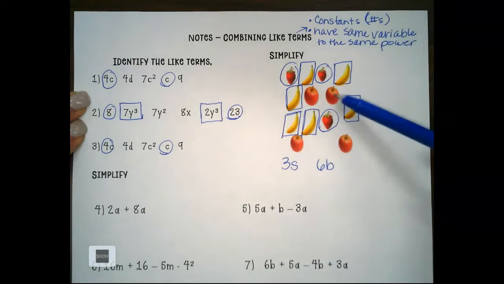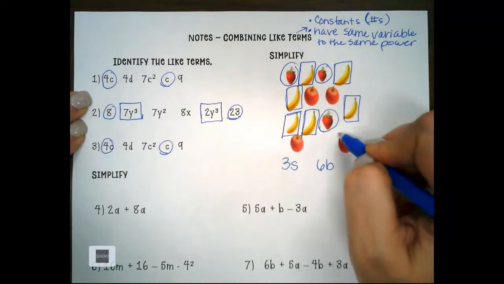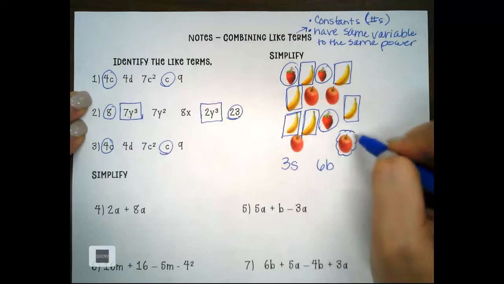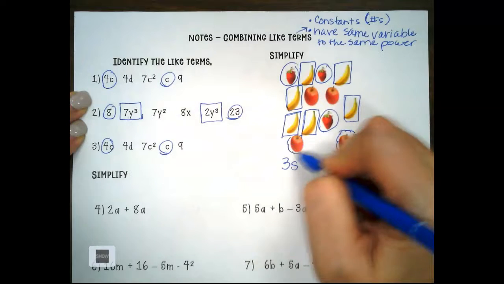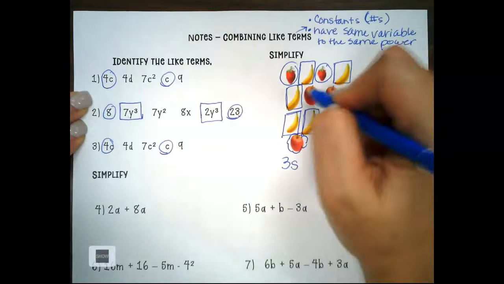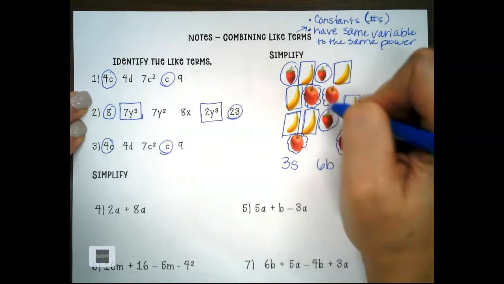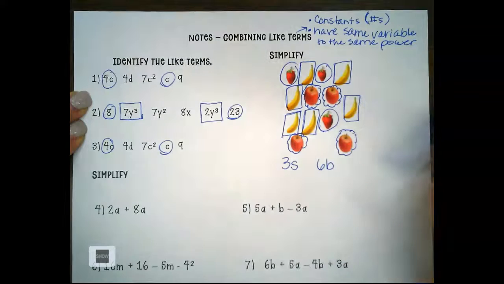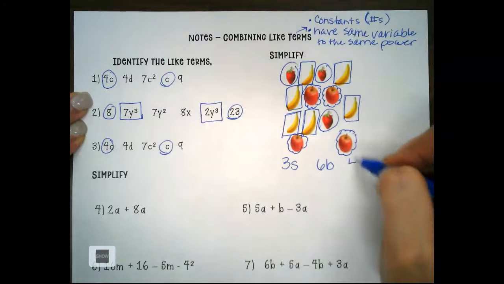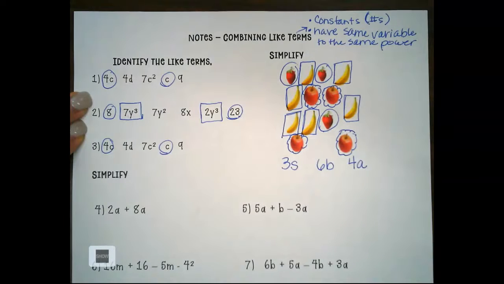Last, I'm going to combine my apples. So I need a different symbol for that. So I'm just going to put a little cloud around my apples. There's 1, 2, 3, 4 apples. So you would write that as 4A.